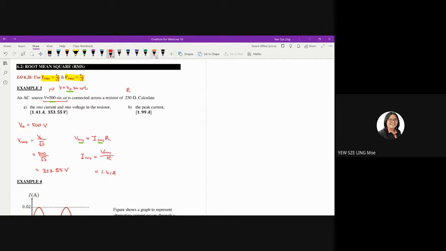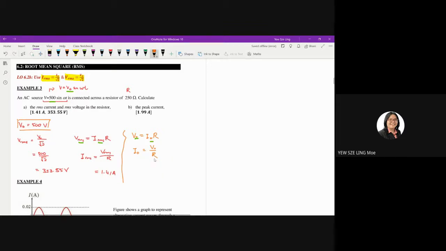How about the second method? If you don't want to calculate IRMS by using VRMS, you can calculate I peak by using the peak voltage. V naught equals I naught times R, so I naught equals V naught over R. Remember, I and V come from the same family.